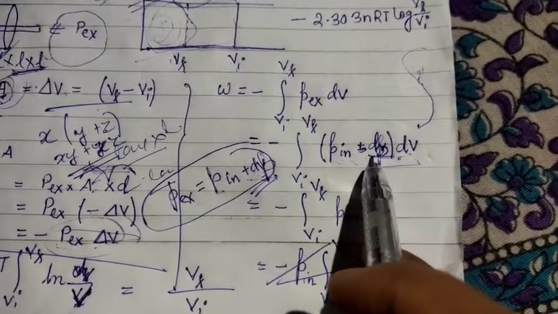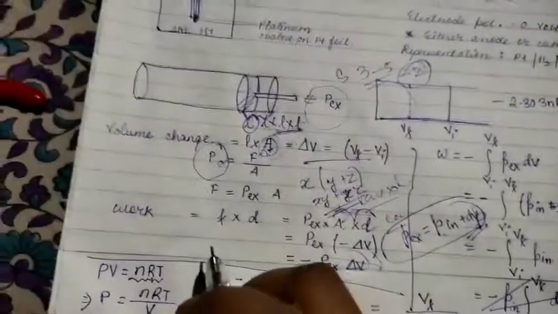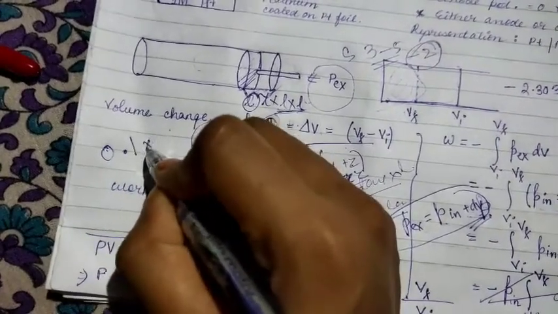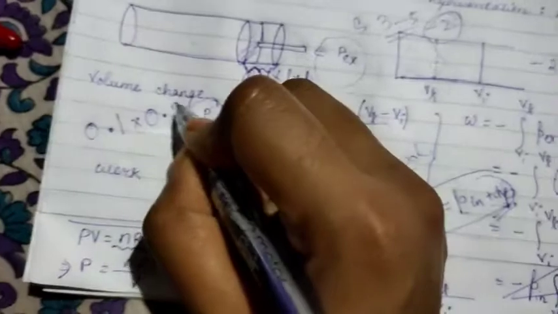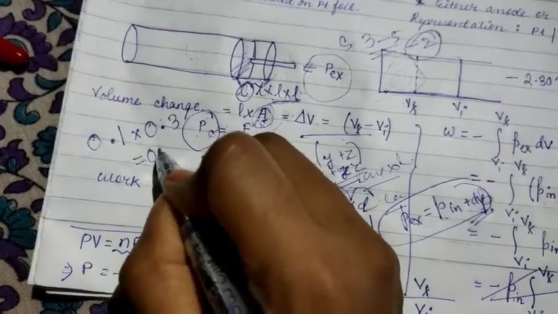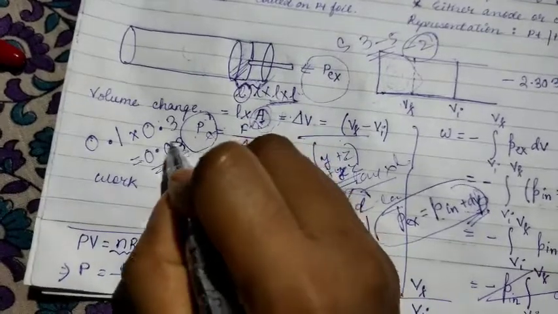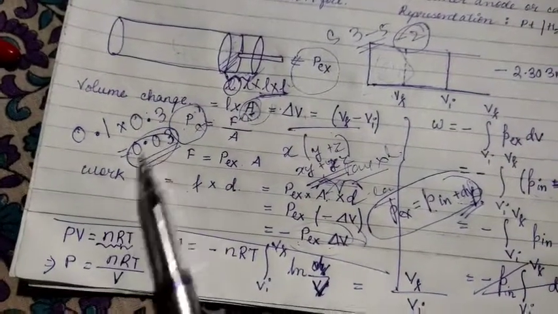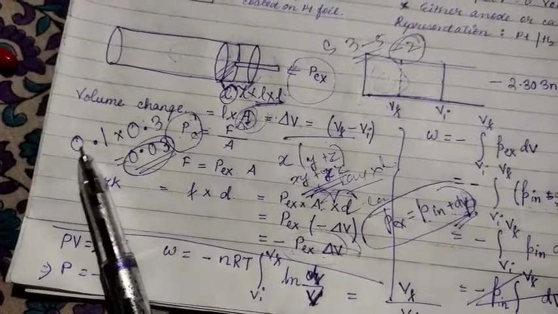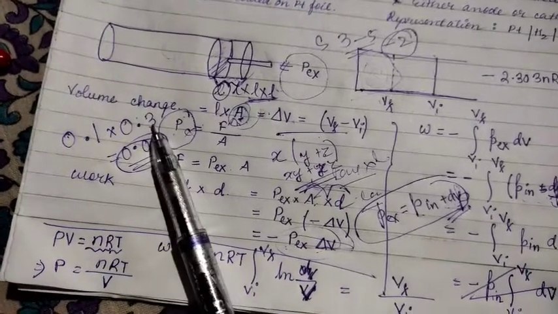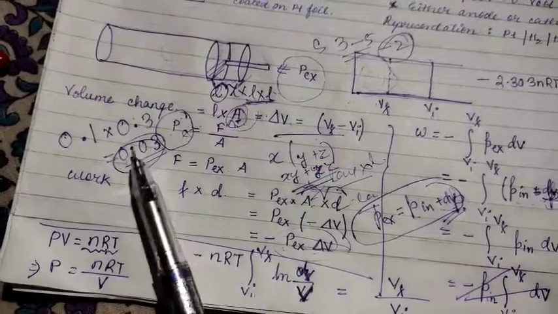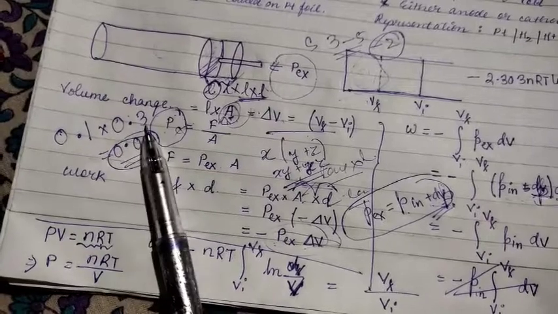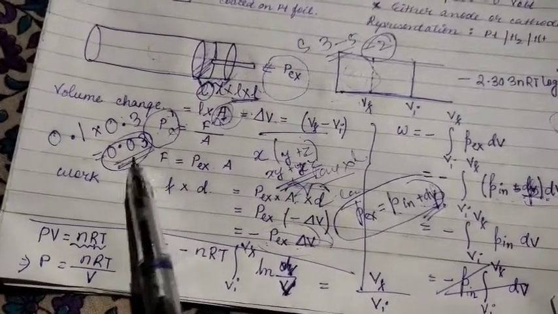As I have said, d designates a very small change. Suppose I take 0.1 and another very small change, 0.3. What will I get? 0.03, which is again smaller. So when you multiply very small terms, you get even smaller terms. 0.1 and 0.3 were small, but multiplying these two gives a much smaller value, so you can almost neglect it.